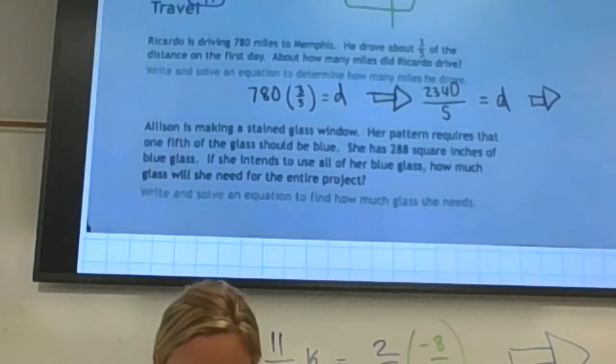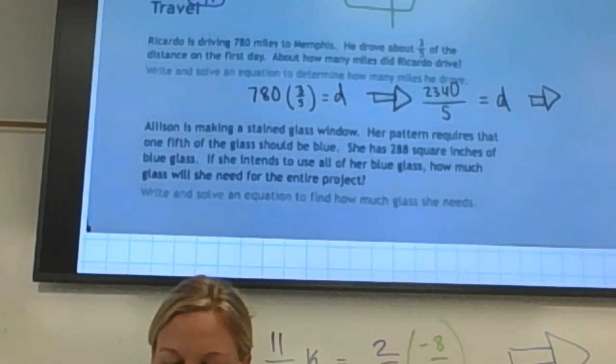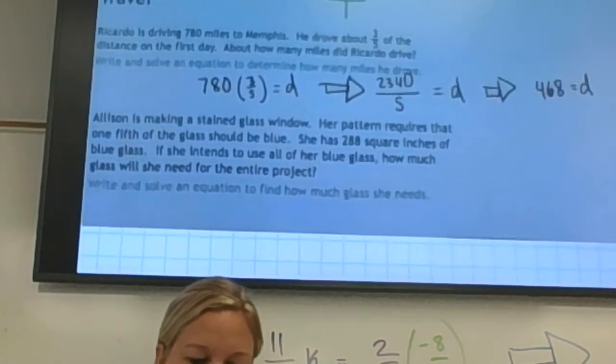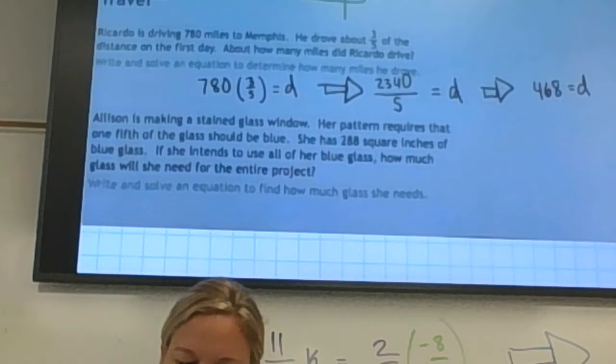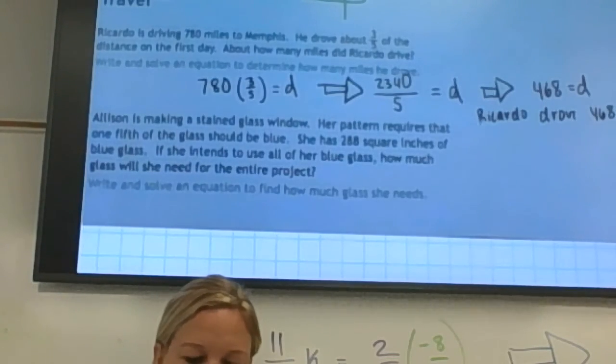Okay. So what's the final answer when you divide by 5? So let's answer in a complete sentence. Ricardo drove 468 miles. How is that 3/5?